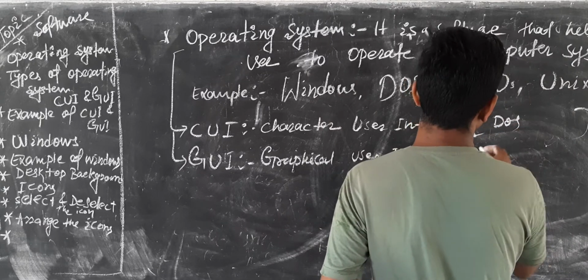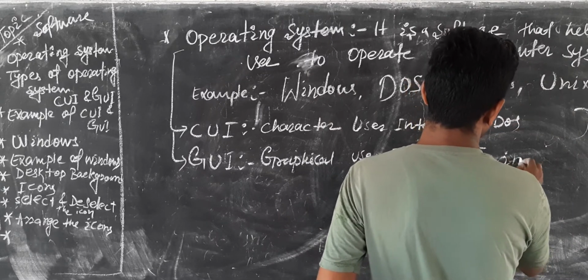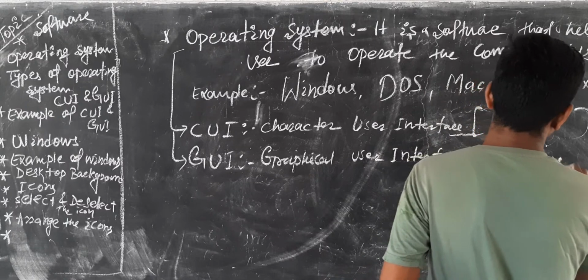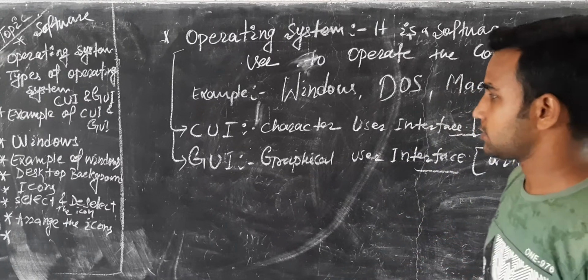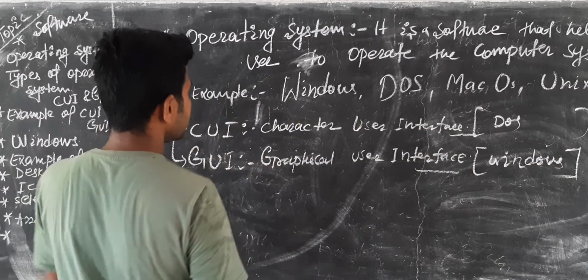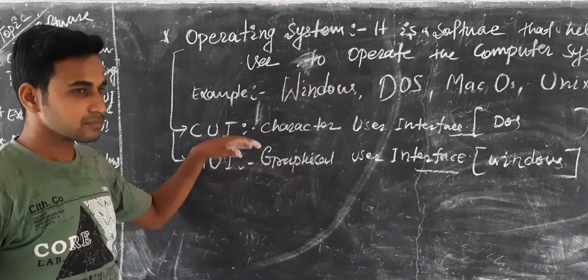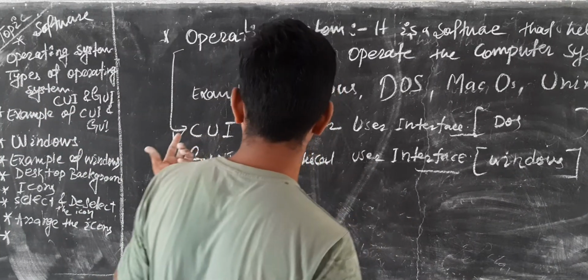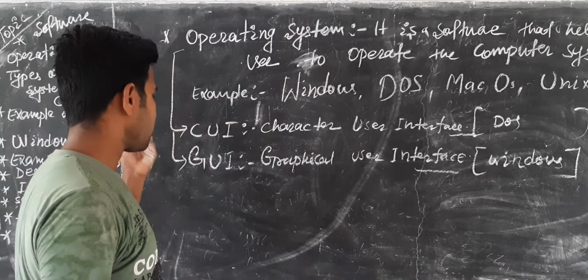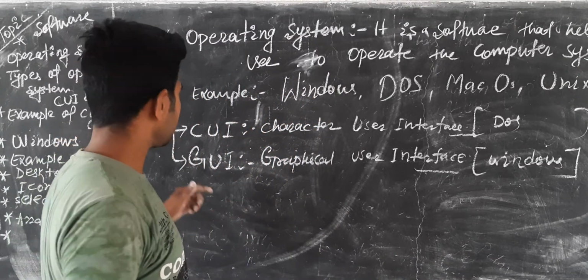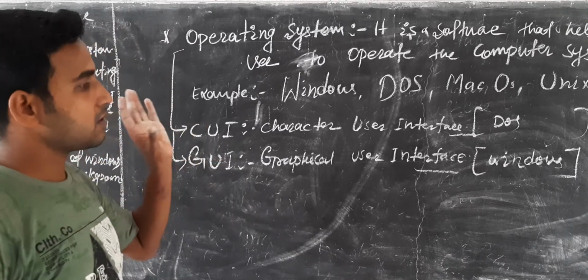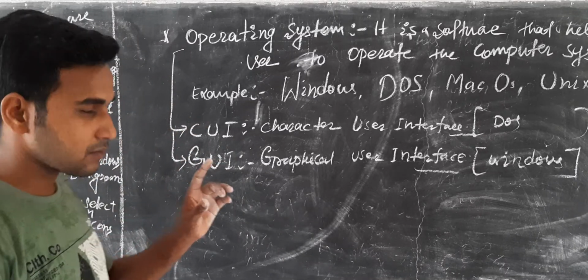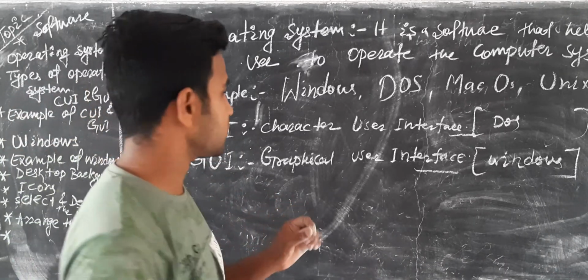DOS is a very good example of CUI, where the user works with characters. Graphical based is Windows, which is the example of this one.